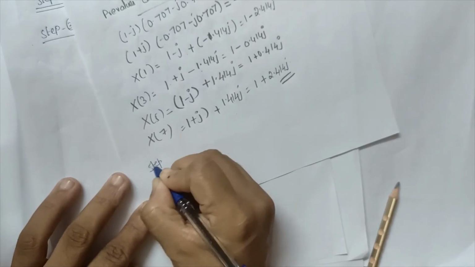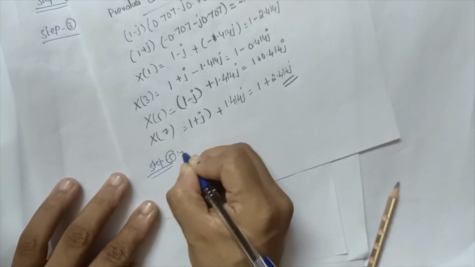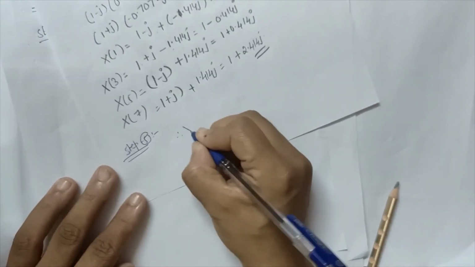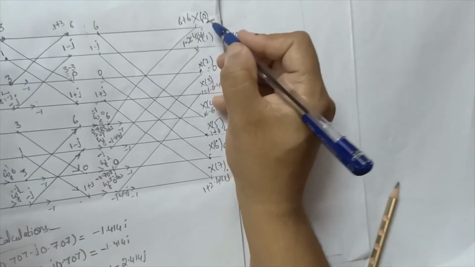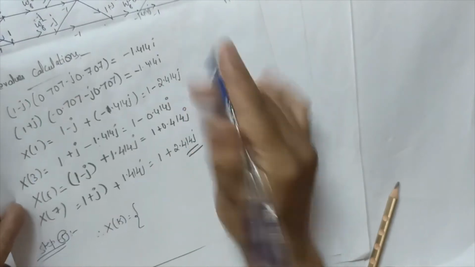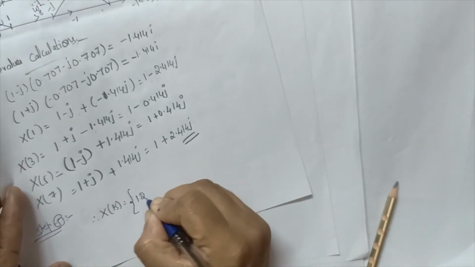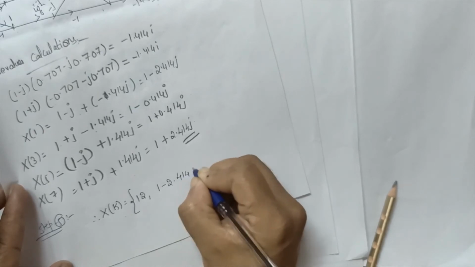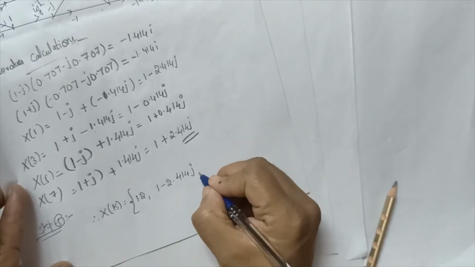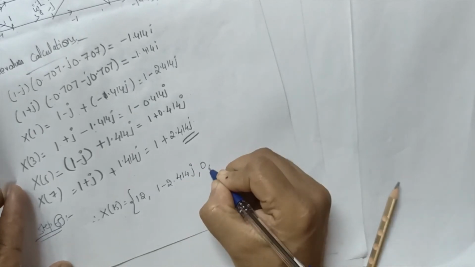Therefore step 5, representation of result. Therefore x of k is equal to, okay, we have to write all the values. X of 0 value is 12. X of 1 is 1 minus 2.414j. X of 2 is 0.